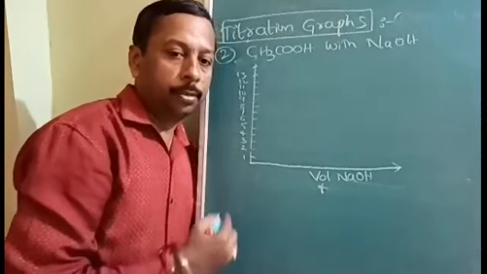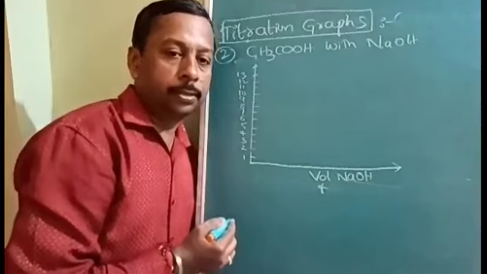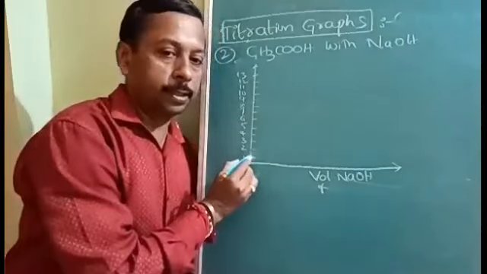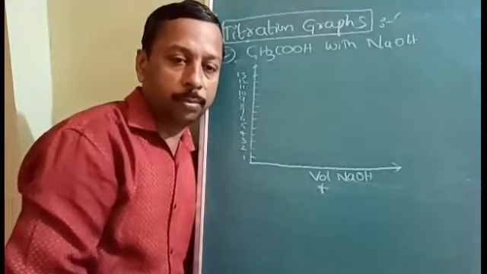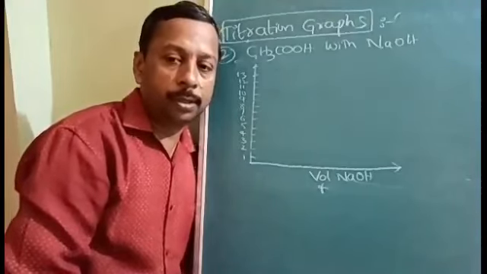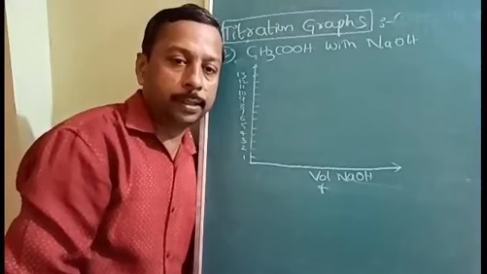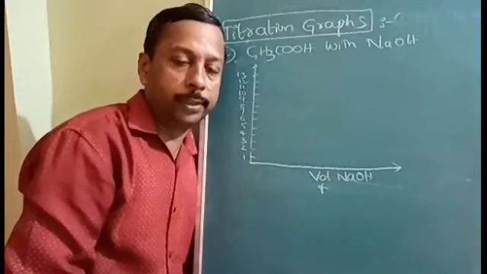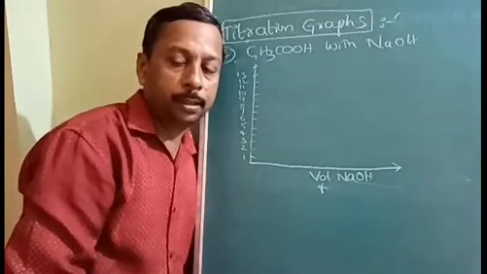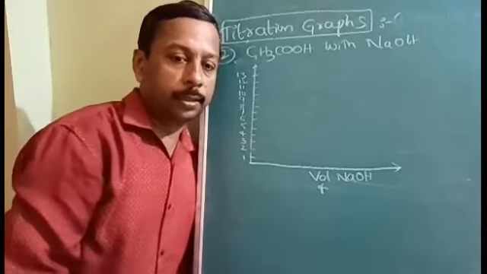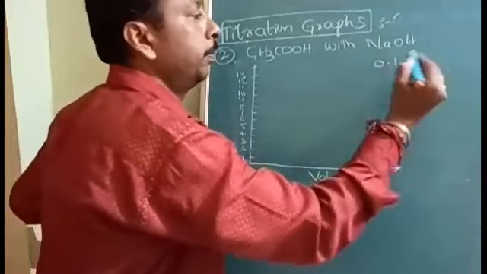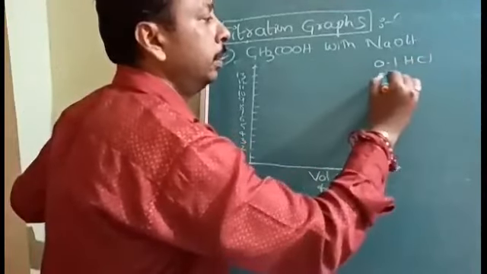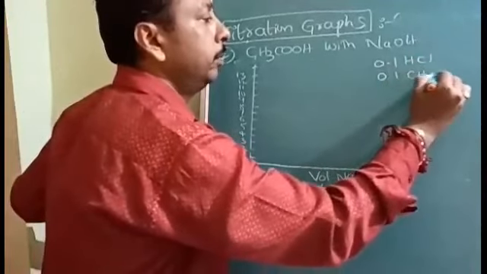Now previously it was a strong acid, so the pH will be less. Now it is acetic acid, will the pH be less or more? With the same concentration of HCl and CH3COOH, which pH will be less, HCl or CH3COOH? Let us take 0.1 molar HCl and 0.1 molar CH3COOH.